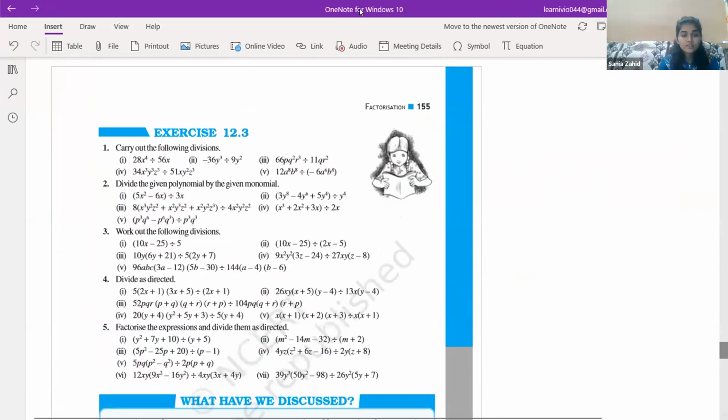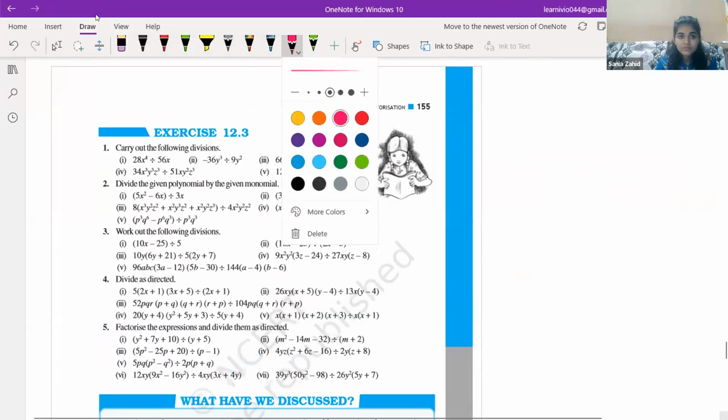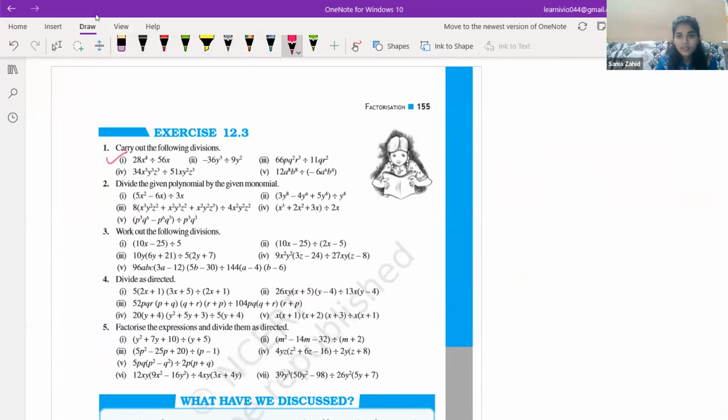Before that we can discuss the previous two questions. What was the first question? 28x to the power 4 divided with 56x.